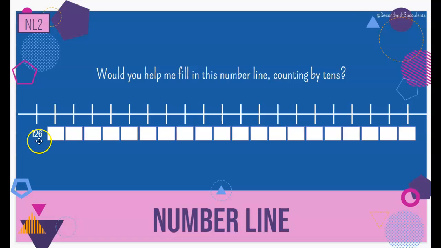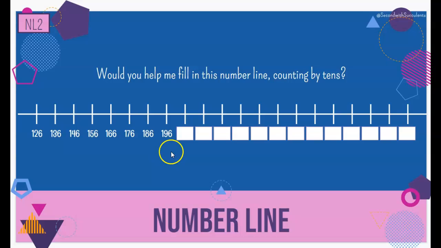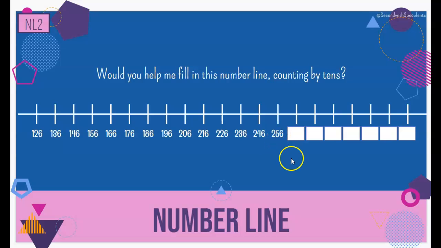Count with me by tens. 126, 136, 146, 156, 166, 176, 186, 196, 206, 216, 226, 236, 246, 256, 266, 276, 286, 296, 306, 316, 326.